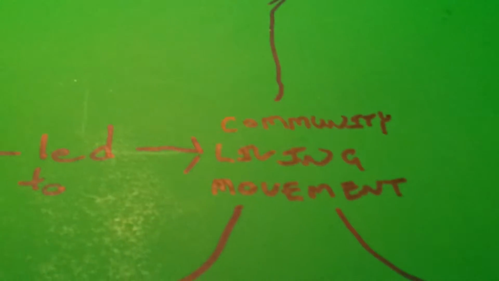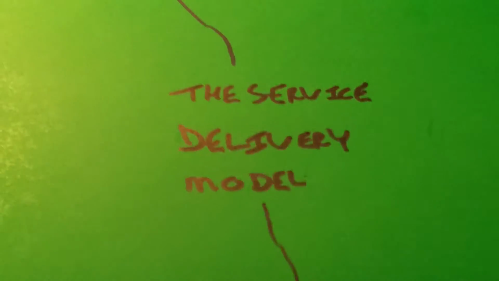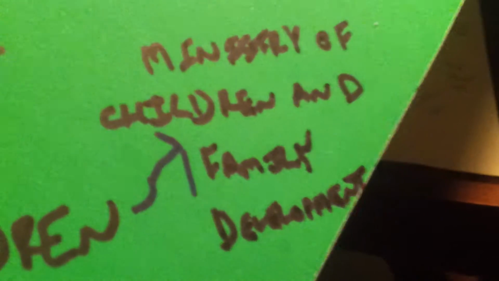A second fundamental change, the movement changed the service delivery model radically. Of course, now there are 2 agencies. For adults, the Crown Corporation is Community Living BC, and for children, the Ministry of Children and Family Development. Excuse my messy printing.